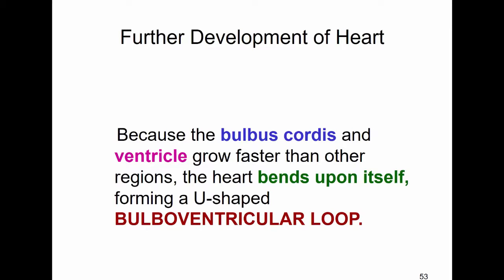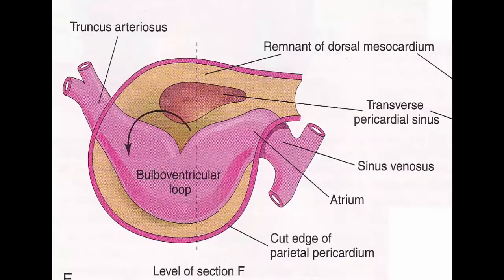And the other thing is that the ventricle proper and the bulbus cordis grow faster than other regions like the atrium or the venous end. So the heart tube bends upon itself, forming a U-shaped loop, which is known as the bulboventricular loop. See? So this is the arterial end, this is the venous end.